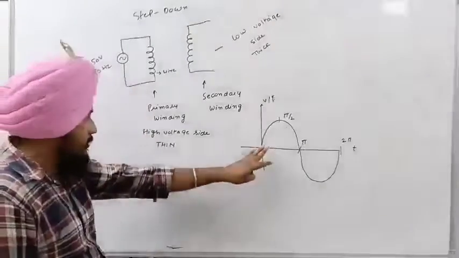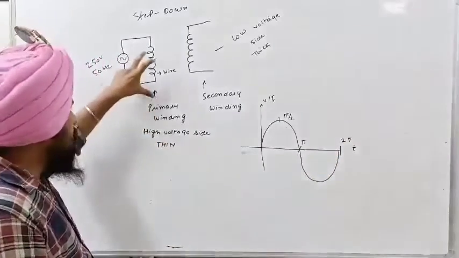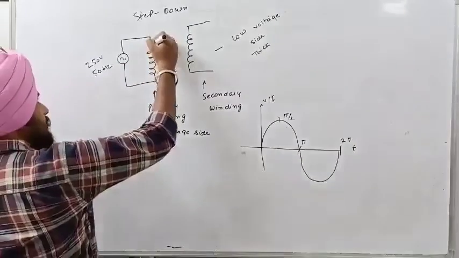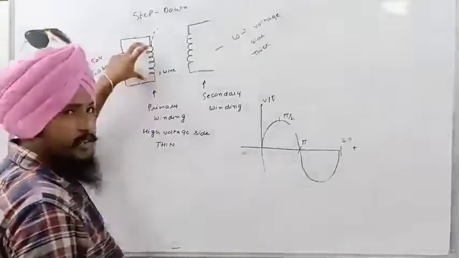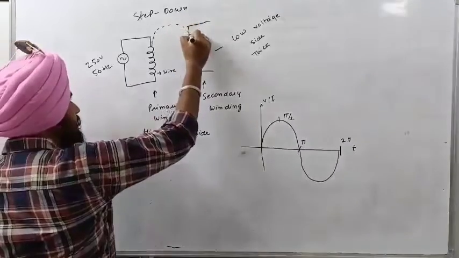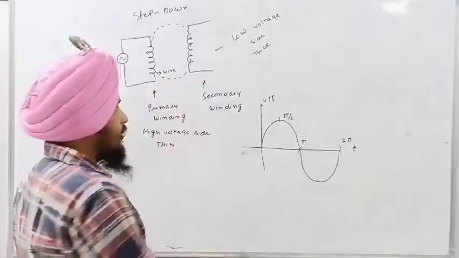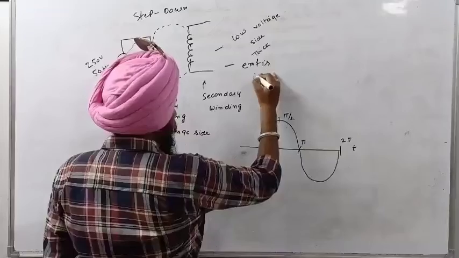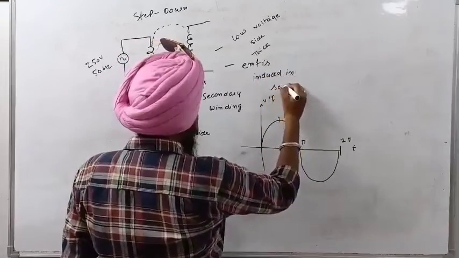This changing magnitude will produce a changing magnetic flux in this coil. This changing magnetic flux cuts the other coil that is called the secondary coil. Due to this phenomenon, EMF is induced in the secondary coil.